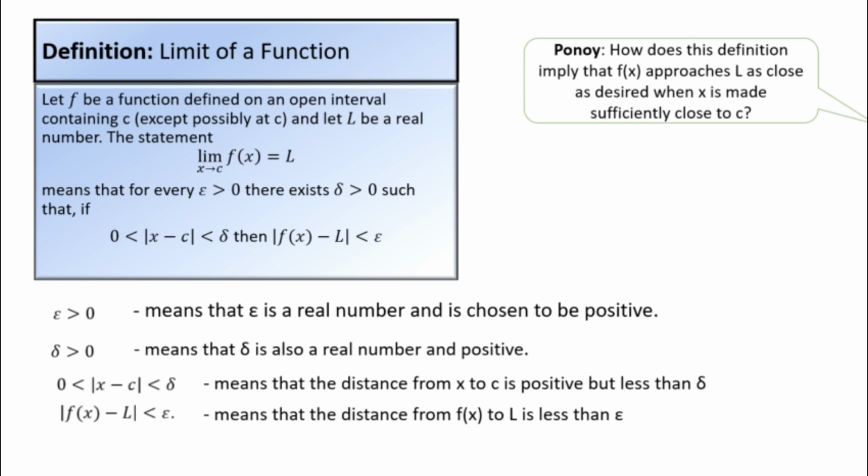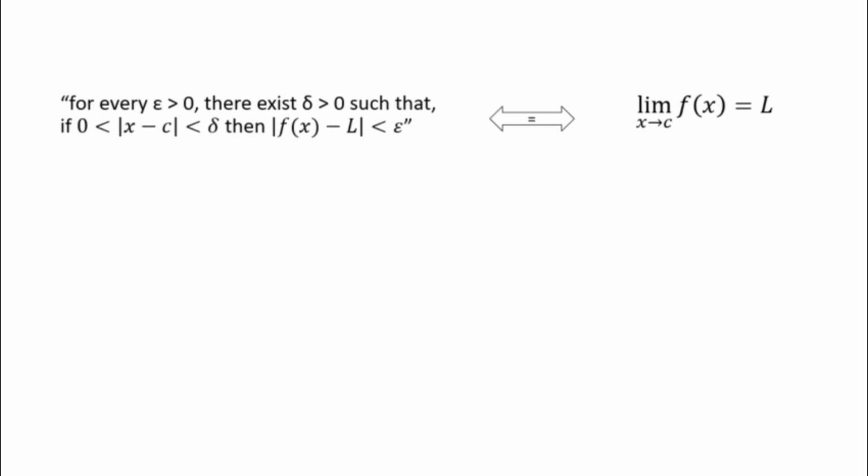How does this definition imply that f of x approaches L as close as desired, when x is made sufficiently close to c? Great question. The distance from f of x to L is restricted by epsilon.